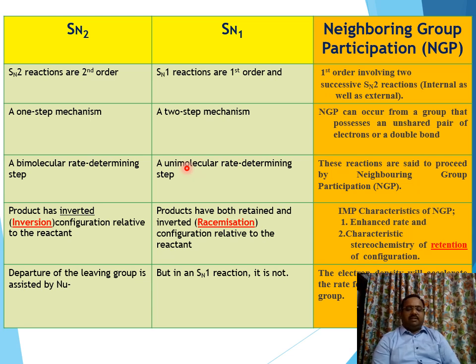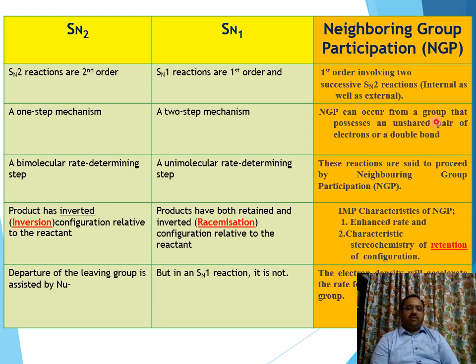Always compare it with the SN1 and SN2 reactions, which we have already discussed. NGP is a first order reaction involving two successive SN2 reactions. One is internal, within the molecule, and the other is external, from outside the molecule.